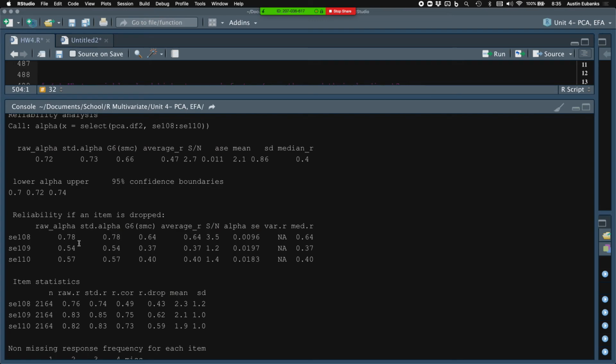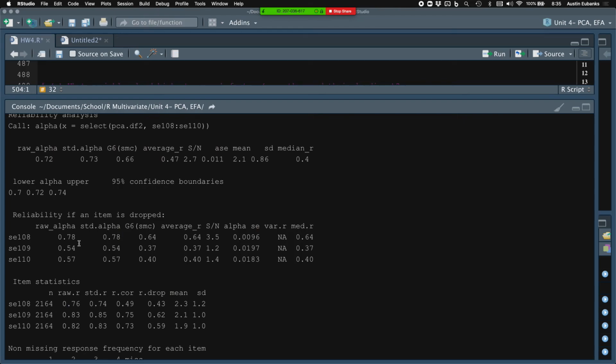I'd say no. You're still above 0.7, you're still good. Now if your reliability is unacceptable and removing something makes it acceptable, or if you have a major change, then yeah, you've got some justification. But in this case, you wouldn't want to take that out just to increase your alpha by 0.06.